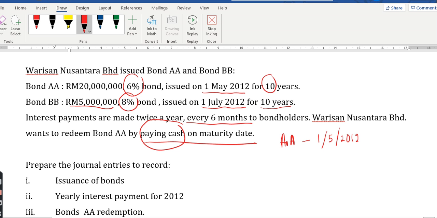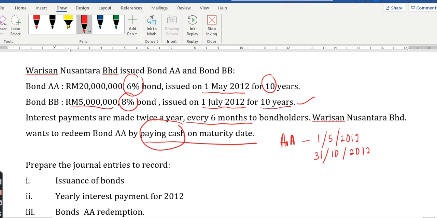May, June, July, August, September, October. So 1st of May until 31st of May is 1 month. That means the first payment is due on 31st of October 2012. That is for bond AA. And you'll be doing the same thing for bond BB as well, to record the payments of interest.